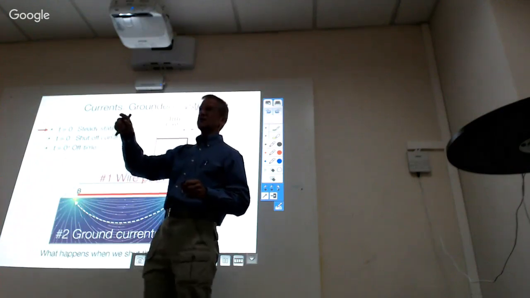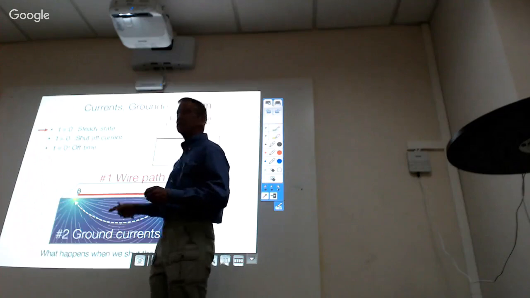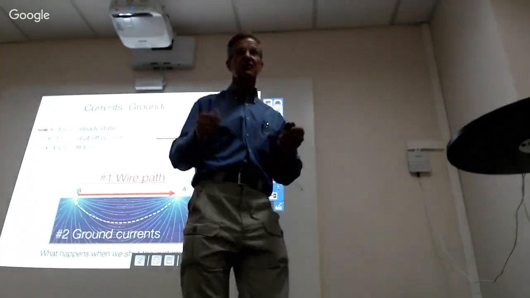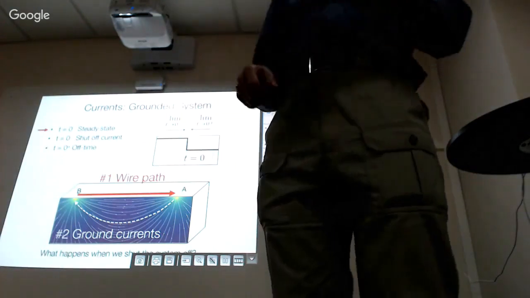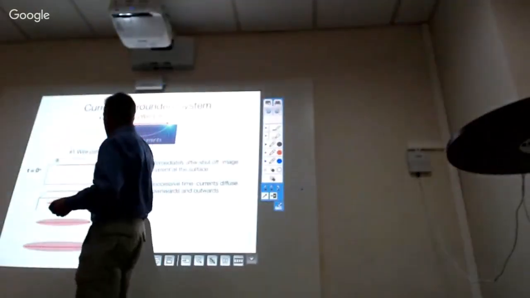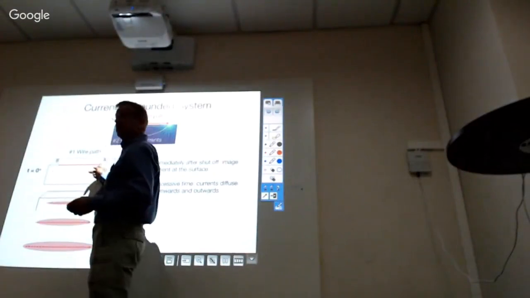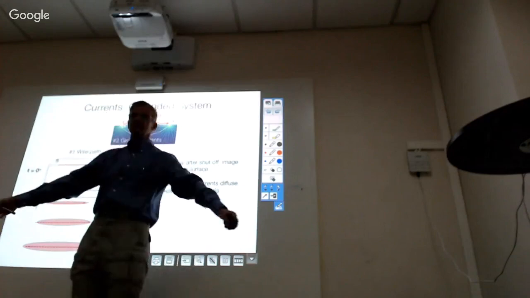So there's this transference of a current in the wire immediately to the current in the ground, and now we know what happens, because we just went through the ground like a dipole. So turn it off, I get a current here, then it just diffuses down.